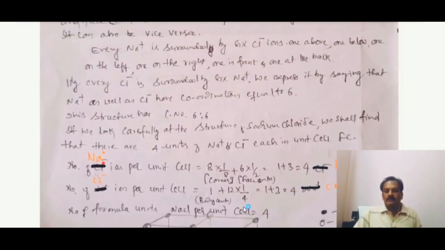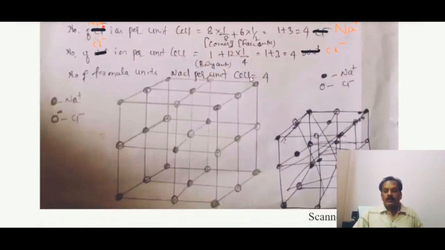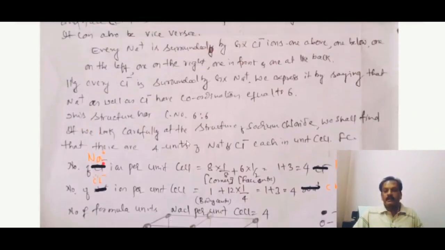A cubic system has 8 corners, and in the face centered cubic lattice, there are 8 corner particles and 6 face particles. The contribution of corner particles per unit cell is 8 into 1/8, plus the contribution of face center particles per unit cell, 6 into 1/2.